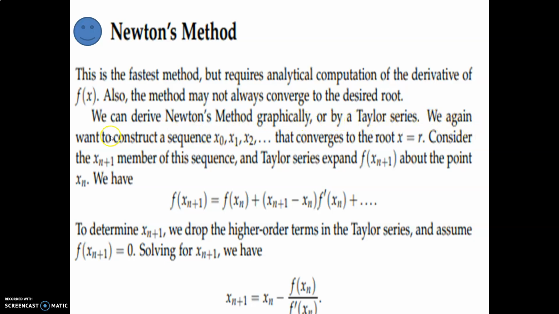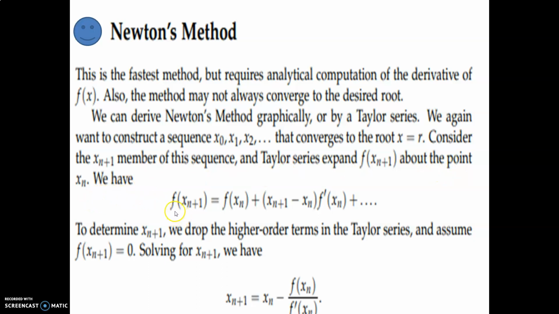We again want to construct a sequence x0, x1, x2 that converges to the root x = r. Consider x(n+1), a member of this sequence, and Taylor series expand f(x(n+1)) about the point xn.